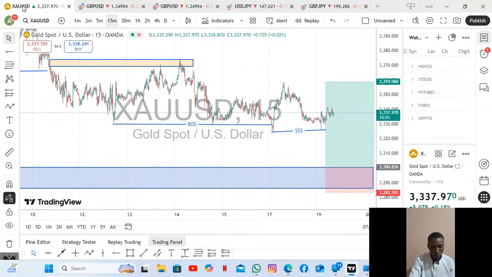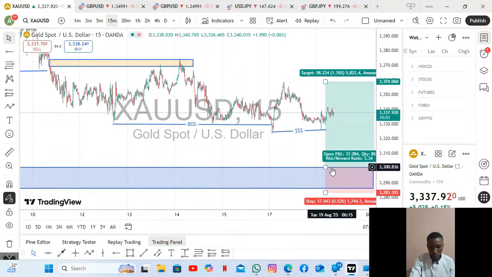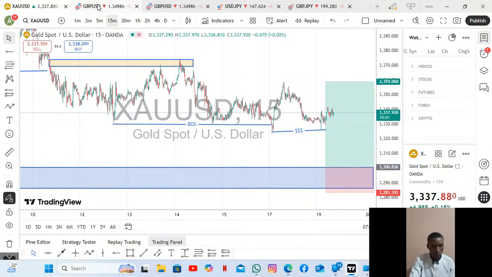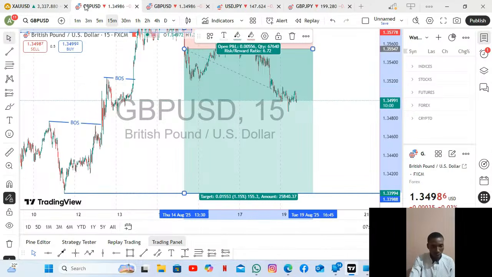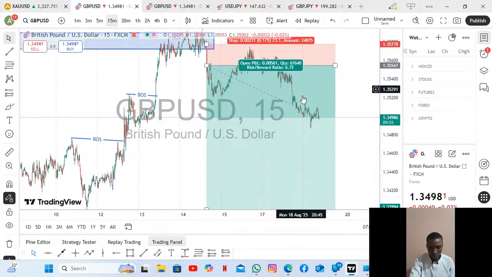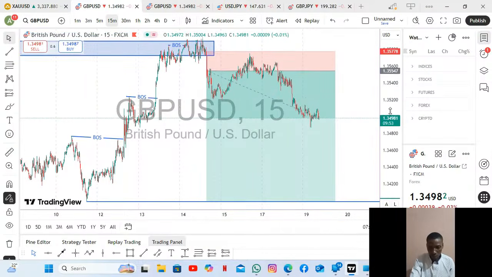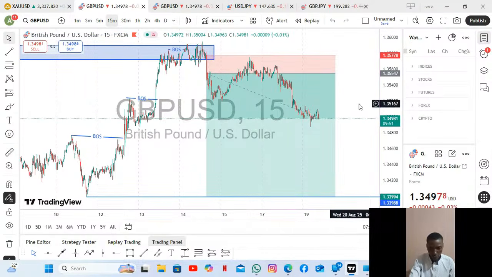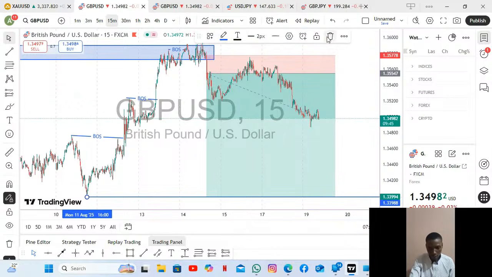For gold, we've analyzed that this is where gold is, and once gold comes here, buy. Our GBP USD setup we made since last week was respected, and the market has been going down. You can join the trade now, but remember to take your profit at this point.